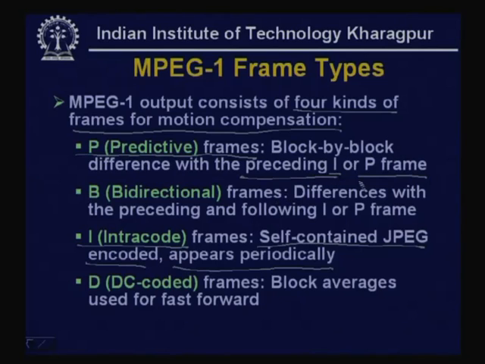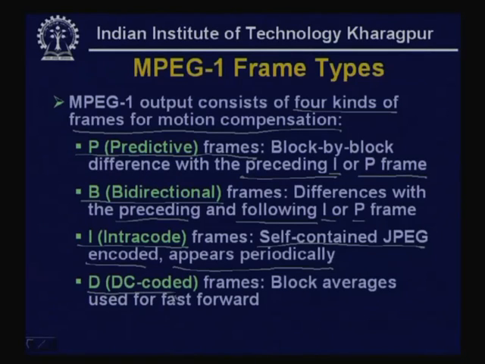Preceding I and P frames will be required to encode P frames and also to regenerate or decode the P frames. Another type of frames are bidirectional frames. In bidirectional frames, differences with the preceding and also the following I and P frames are used as references. So, these are the 3 basic frames used.